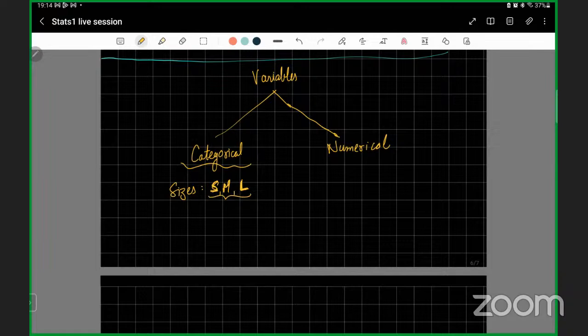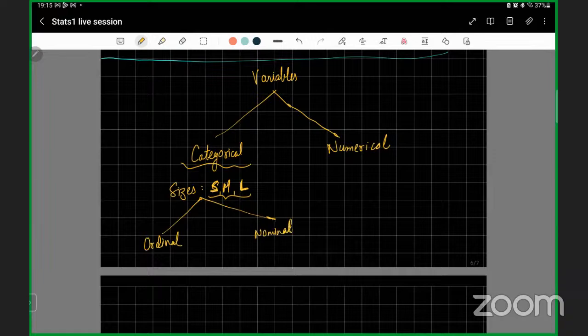Such kinds of variables are called categorical. And in categorical, it has been divided further into two parts, called scales of measurement, if you remember. You have an ordinal scale of measurement and you have something called nominal scale of measurement, right?